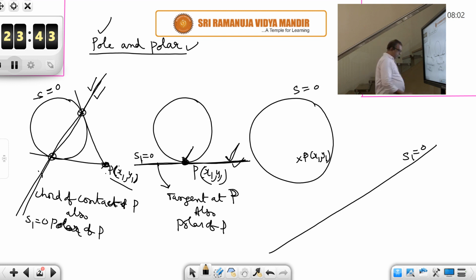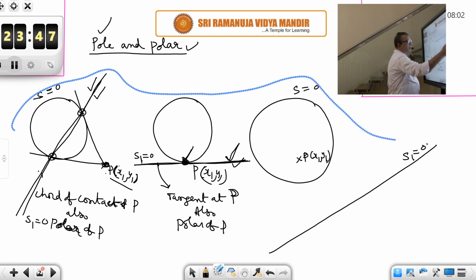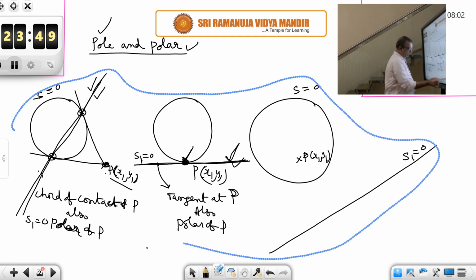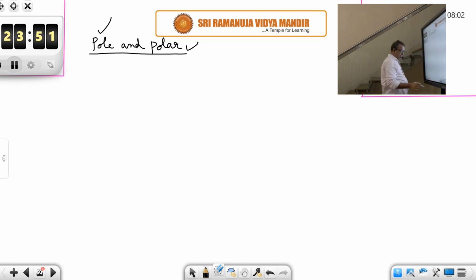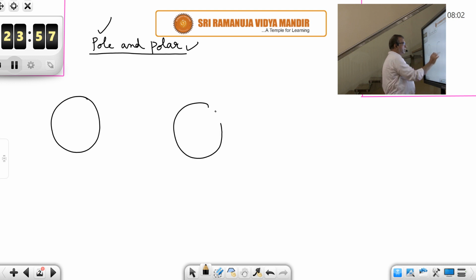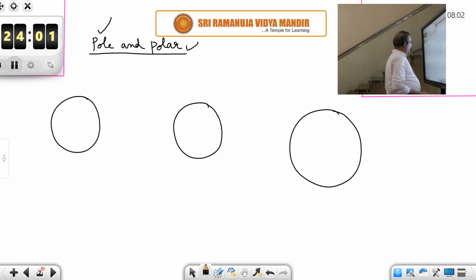Once again I repeat, three cases: first case, second case, third case. See, circle S equal to 0.